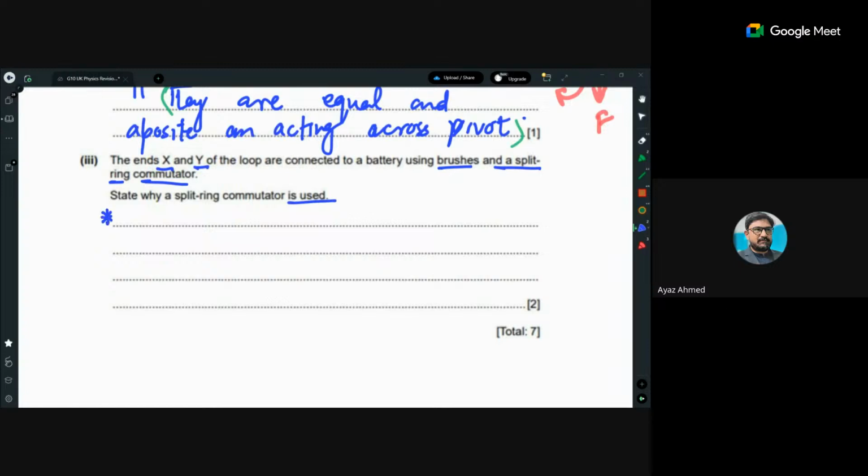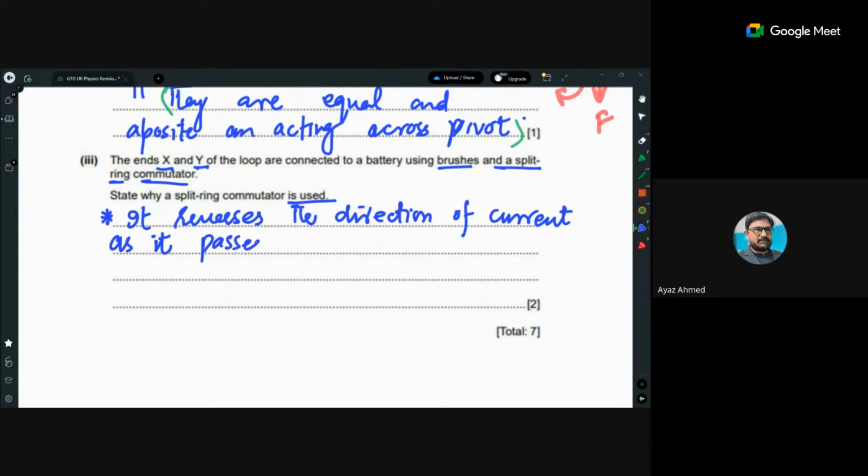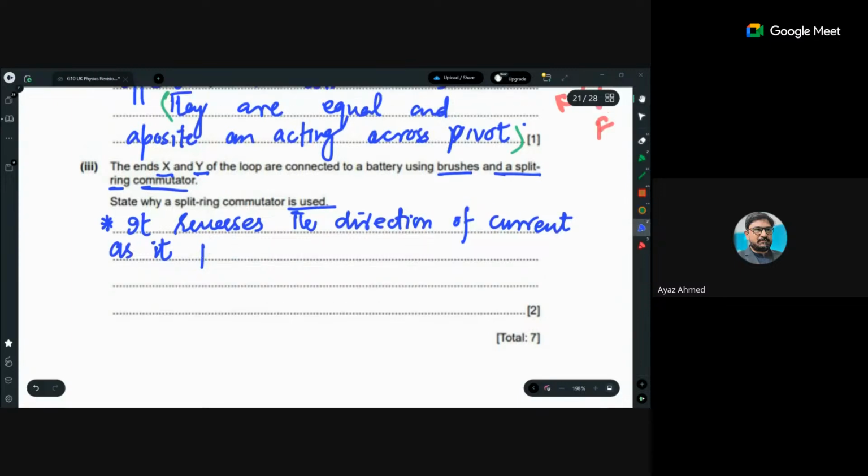There are three points in this one. First, it reverses the direction of current as it rotates through 90 degrees. Okay, is this first point clear?